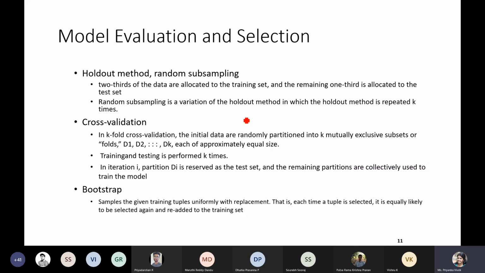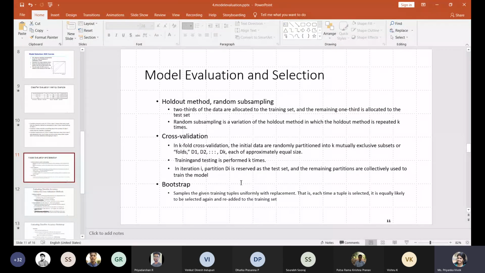Now next is model selection. I think it's time, and I won't be able to finish this. In the initial classes we were talking about 70-30, 80-20, whether it's always the generic approach, whether it's a good approach, etc. People were asking.